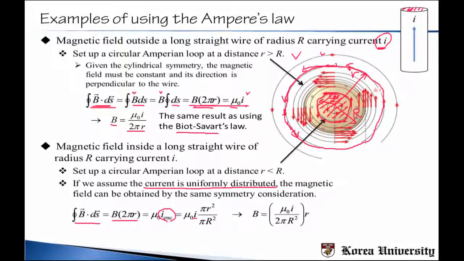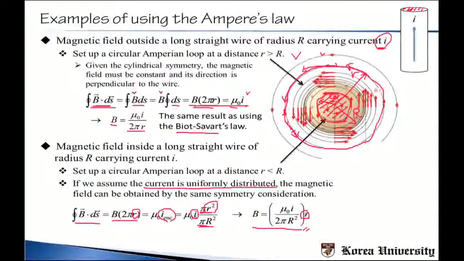So starting from the total current, we have to divide it by the total area of the wire, and then multiply it by the area of the Amperian loop: multiply by pi small r squared, and divide by pi large R squared. Then here we have r squared and here we have one r. So if you finally summarize it, your magnetic field will be proportional to r.